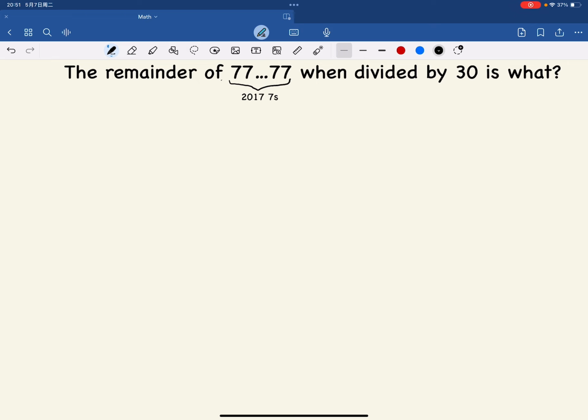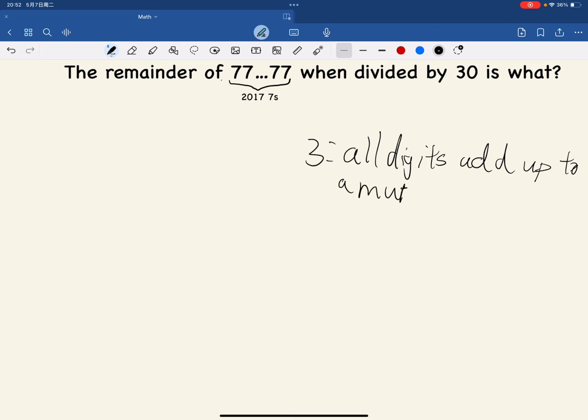So now, you probably know the divisibility patterns for 10 and 3. The divisibility pattern for 3 is that when all digits add up to a multiple of 3.